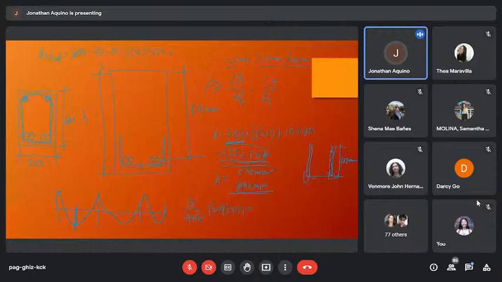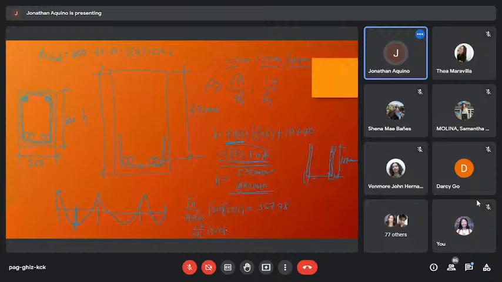So the As minimum is square root of 31 divided by 4 times 276 times 250 times 537.5. So this is 557.78. So yung 1.4 over fy, 1.4 over 276 times bd, 250 times 537.5, is equal to 1.4 divided by 276 times 250 times 537.5.